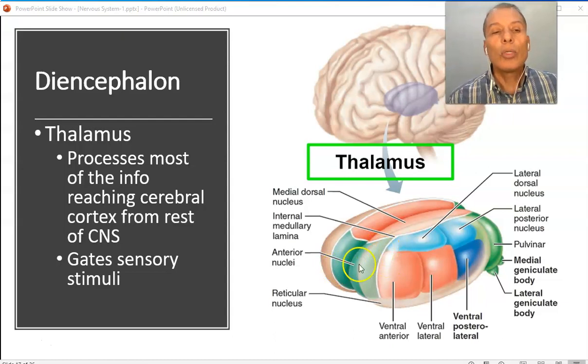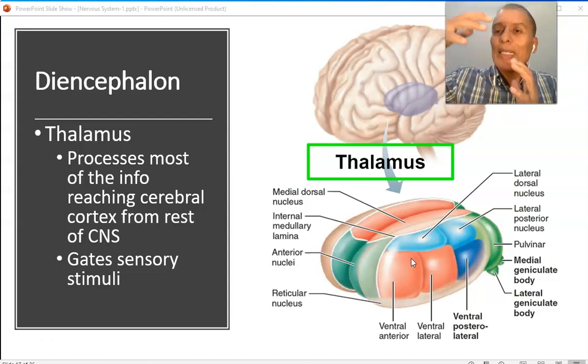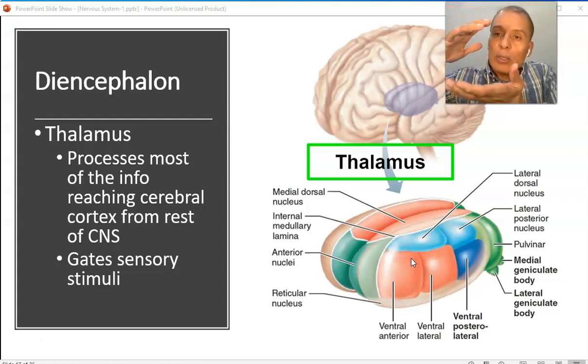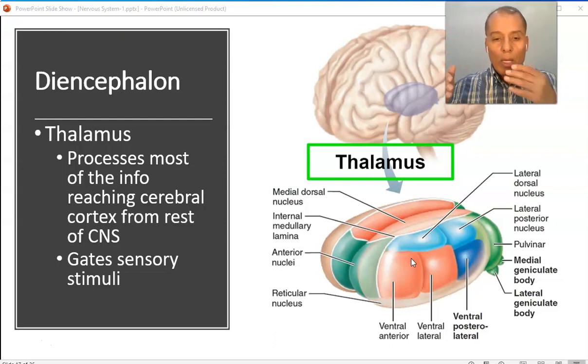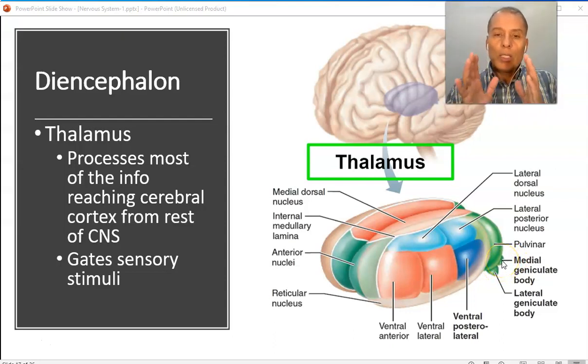When you gate something, you want to make it not exceed and not go far below. For example, auditory signals go into a pathway that goes to the auditory thalamus, the medial geniculate body.